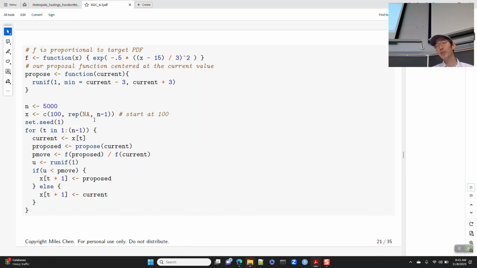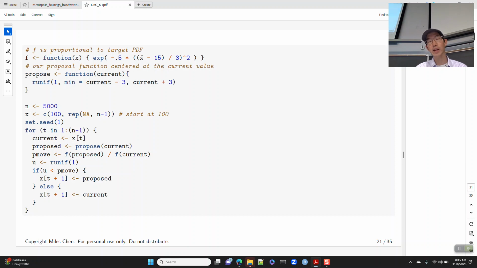Okay, and we just kind of let it run. In the beginning, I'm starting off at 100, and I will probably just start drifting towards where our values should be.